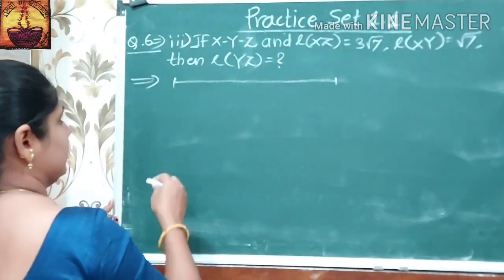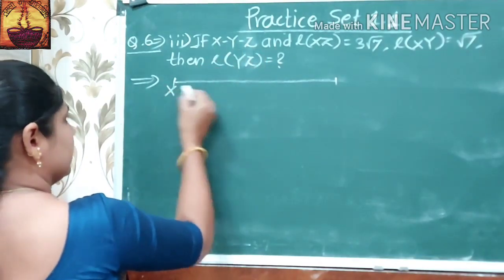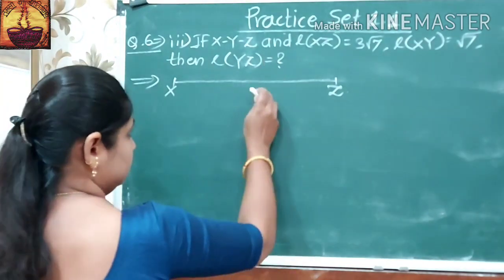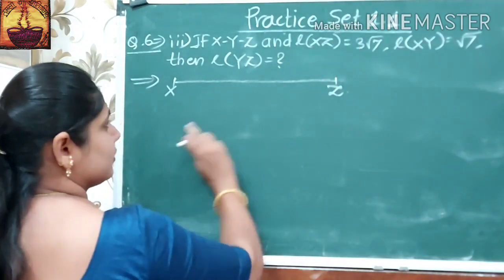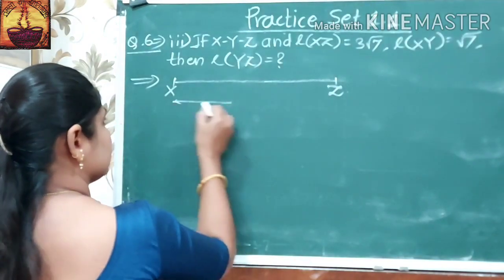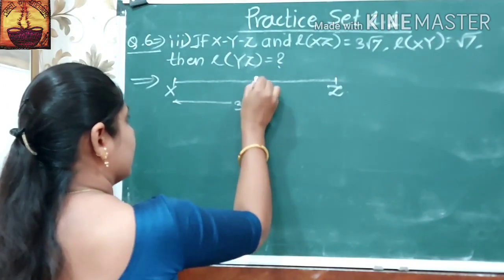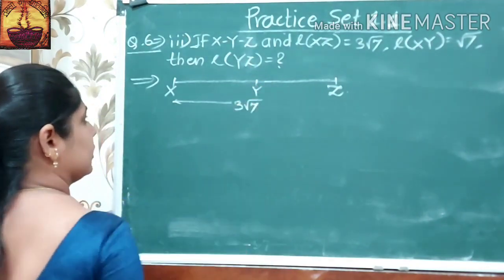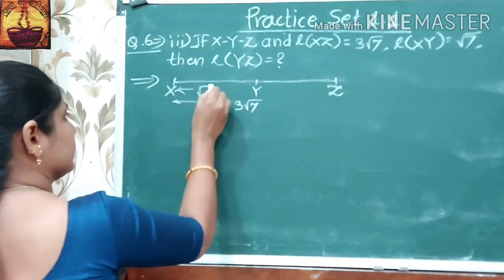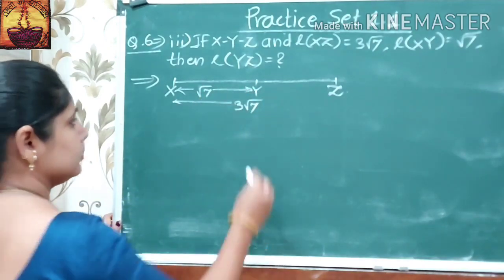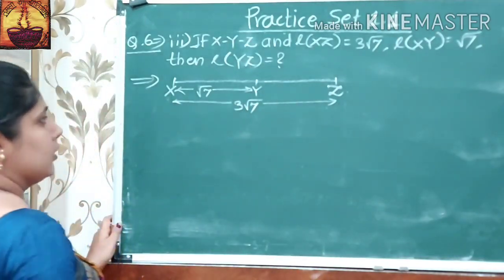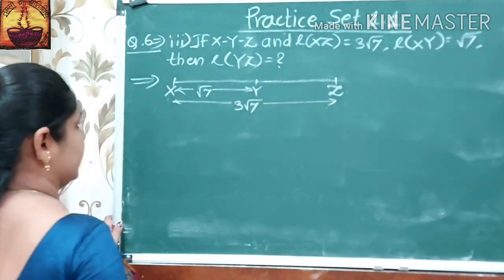First we have to draw a line, and the end points are X and Z. The middle point, or between point, is Y. Length XZ is 3 root 7 and XY is root 7. We have to find length YZ.